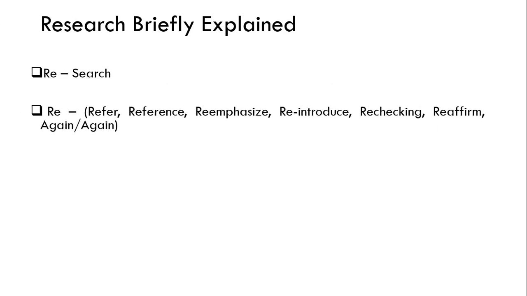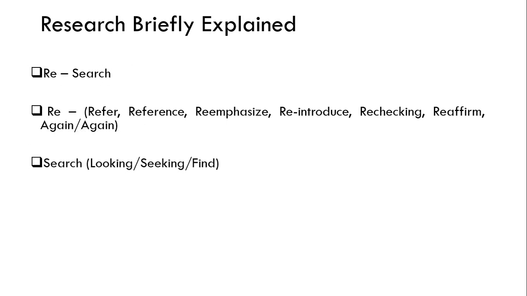Now, briefly speaking, research, as you are aware, is a combination of re and search. You are searching something. So basically, re means we emphasize, re-emphasize, refer, reintroduce, recheck, or reaffirm an event or a phenomenon again and again.